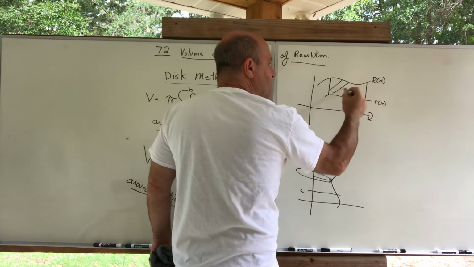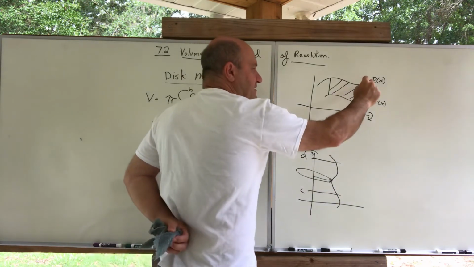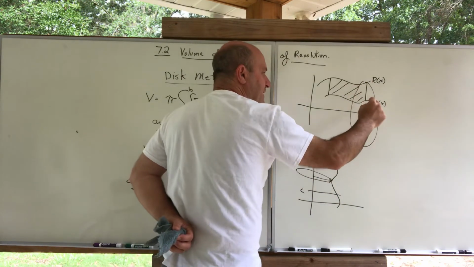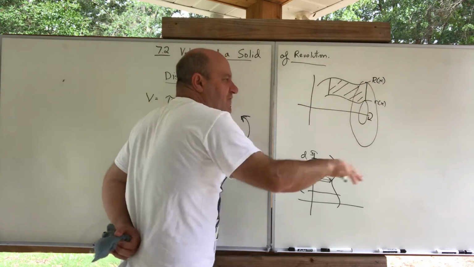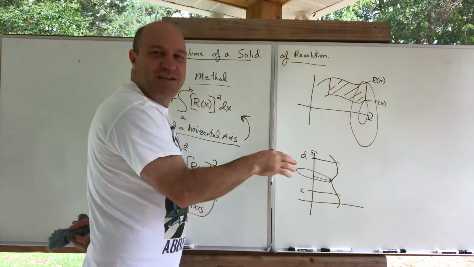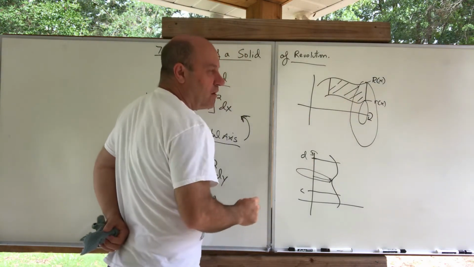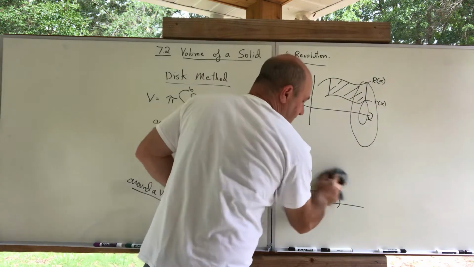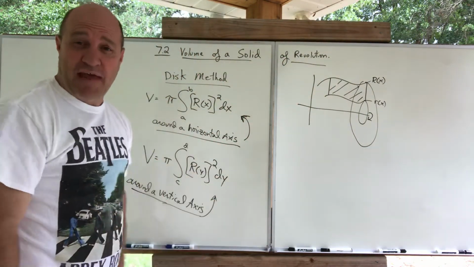This is the region, and you spin it around the x-axis, then there's this shape, but there's a big hole in it. You don't want that volume. You just want the volume of where the region creates volume. You don't want the volume of this inner hole. So, like I said, it's the disk method with a hole in it. You want to subtract out that inner volume.